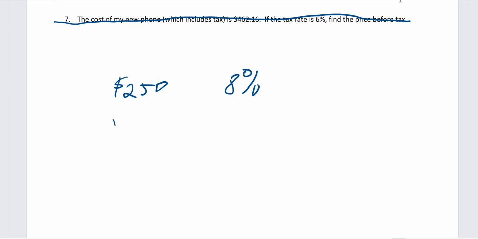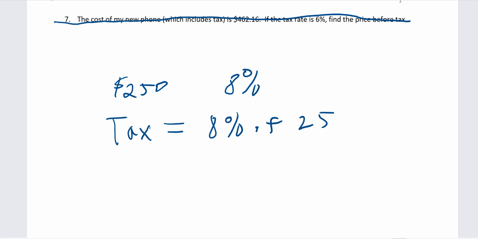Okay, so how much tax would you pay? Just the amount of tax you would pay, I hope you know because you hopefully have done things like this before, is what you get when you find 8% of 250. How do you find 8% of 250? You multiply 0.08 times 250.